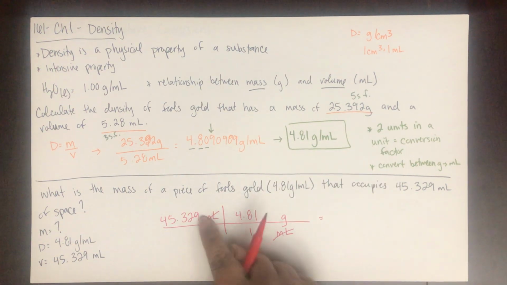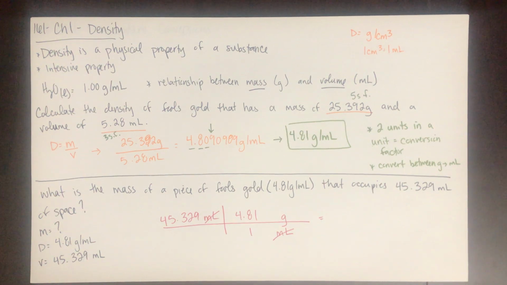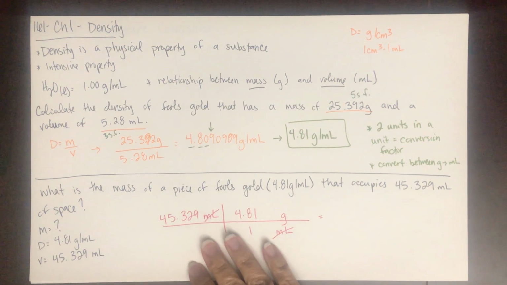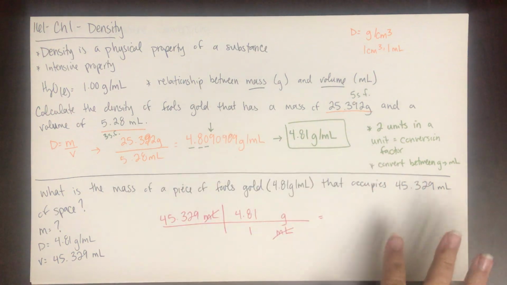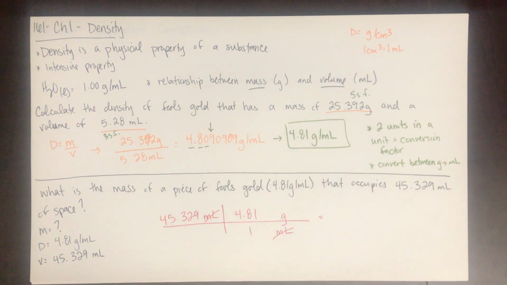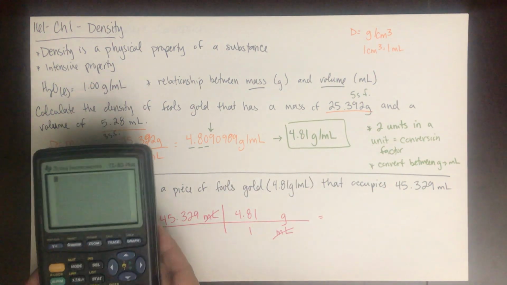Now I've set it up so that my milliliters will cancel, and I'm just going to multiply across. The way that this railroad method works is you multiply across the top, you multiply across the bottom, you divide the top by the bottom. This is only a one-step calculation. Pretty soon we'll get to some 5 or 6 step calculations where you'll see that this will be a lot more useful.